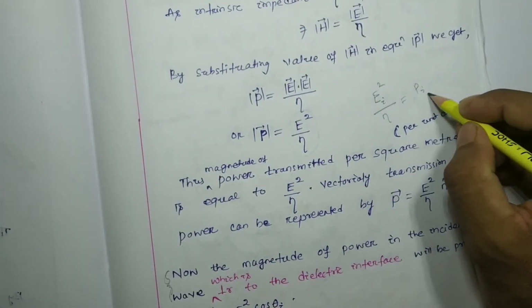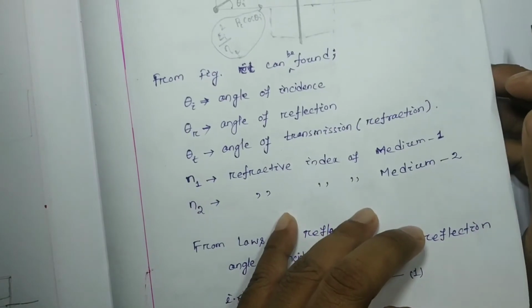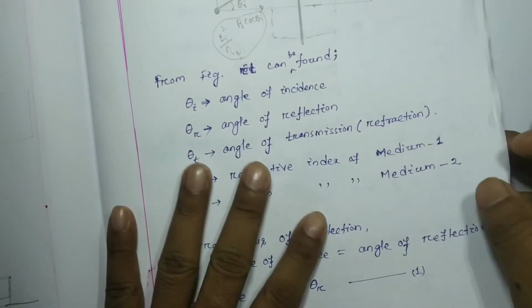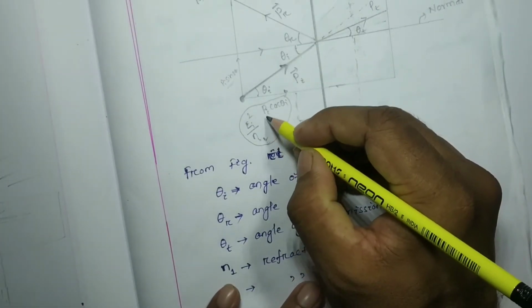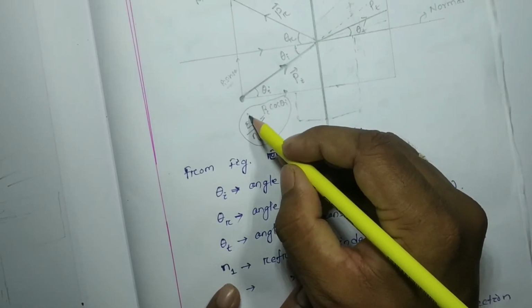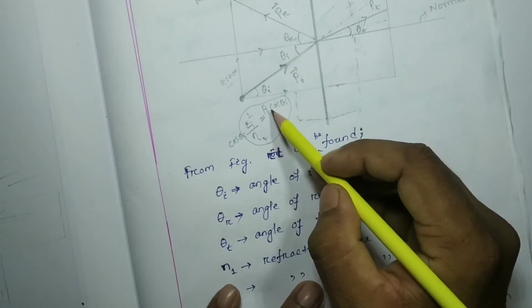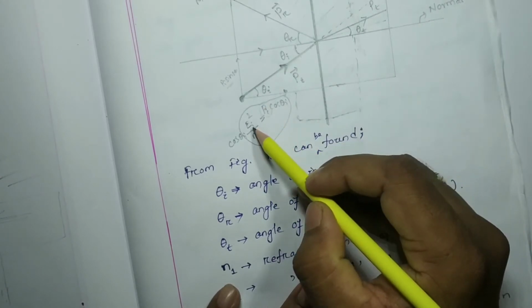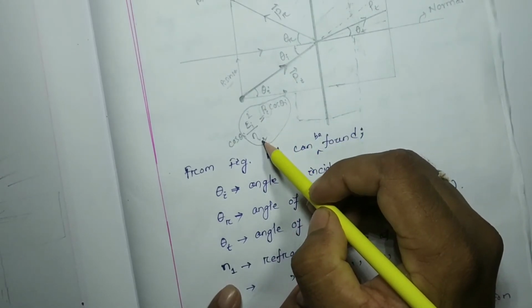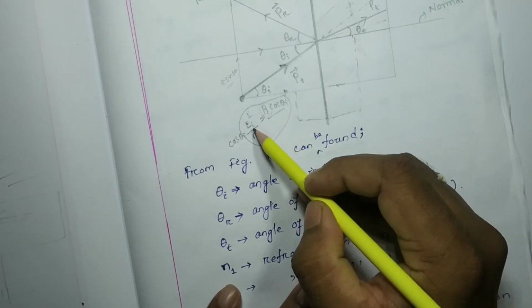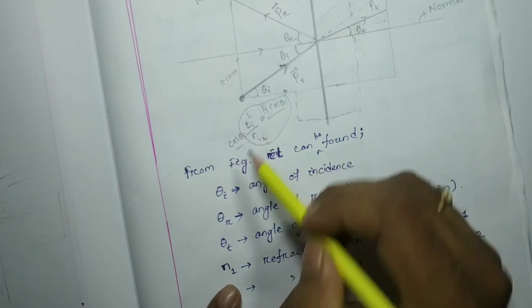It was only your Pi component, right? Sorry, here I wrote Pi cos theta, that means Ei square by eta 1 cos theta I, because Pi is nothing but Ei square by eta 1, right? So Pi cos theta will be Ei square by eta 1 into cos theta I.